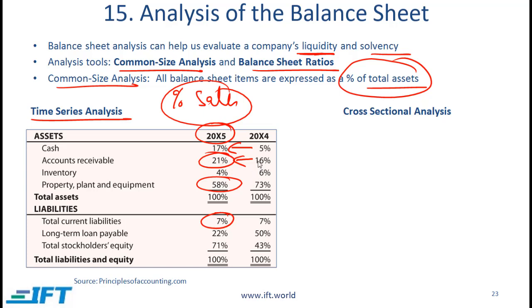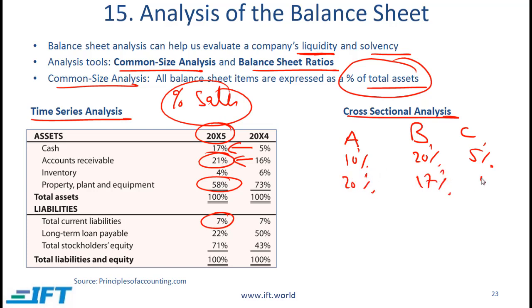The curriculum gives an example of cross-sectional analysis where you are looking at these percentages or ratios for a given period across different companies. So if you have companies A, B and C and you see a cash percentage of 10% here, 20% here and 5% here, and for accounts receivable you might see 20%, 17% and 4%.